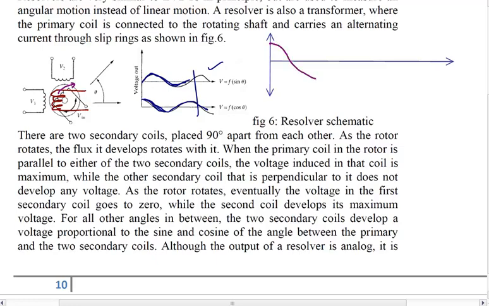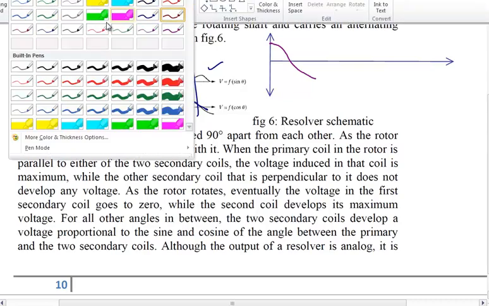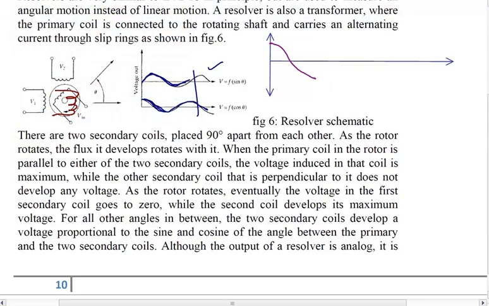And then again, when it is totally in the opposite direction, that means if the coil is in this direction, then the voltage will be totally opposite. Why? Because the winding has totally turned. And then again it will go up and reach a high.